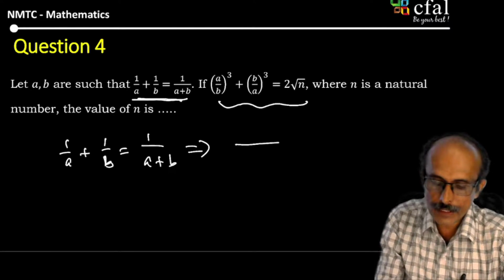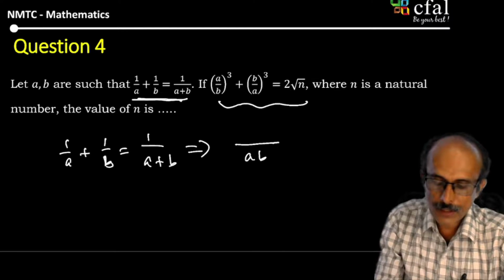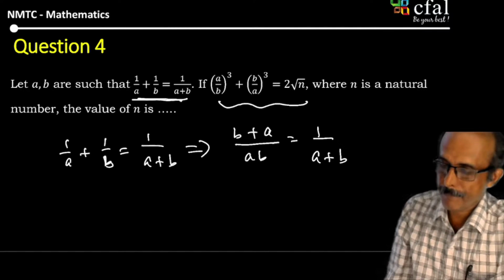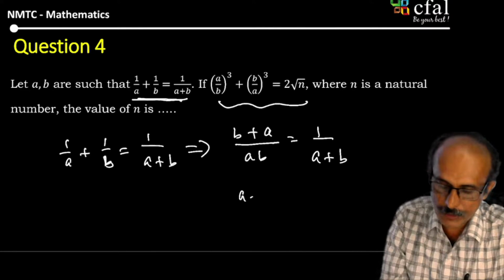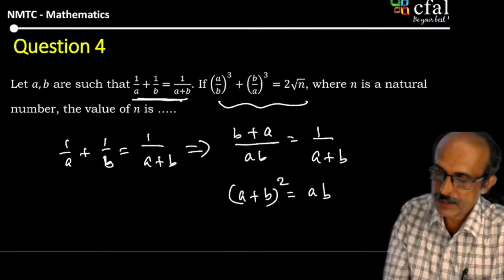So we take the LCM: (a+b)/ab = 1/(a+b). So we get (a+b)^2 = ab, correct?